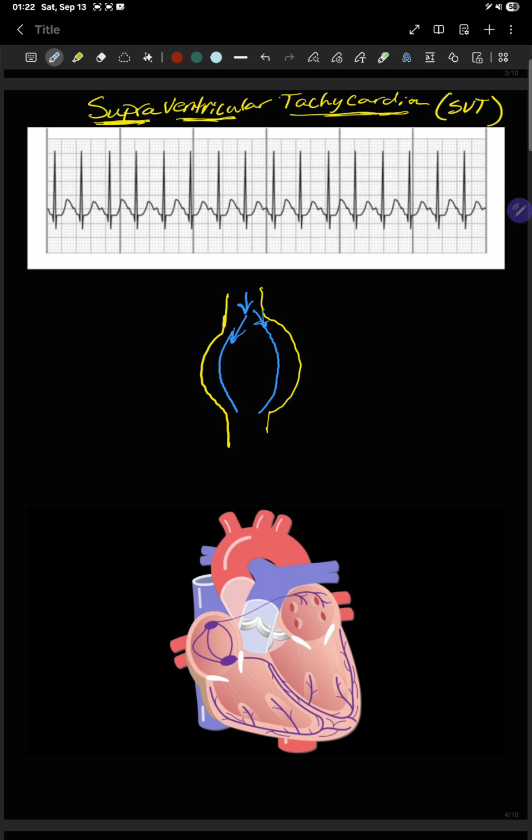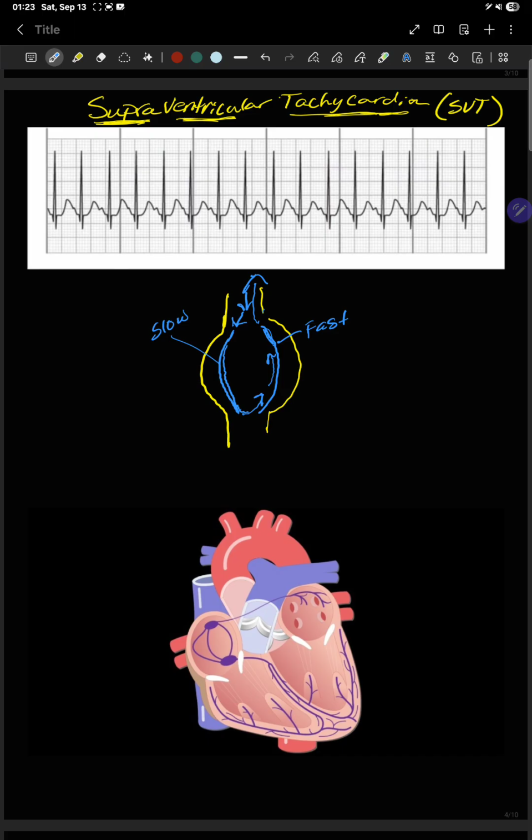Okay, but here's the problem: if a signal needs to come in, and let's say we send it down here, down the slow channel, and the signal travels down, it can accidentally get shot up here. And now we can go counterclockwise and back up into the atria.